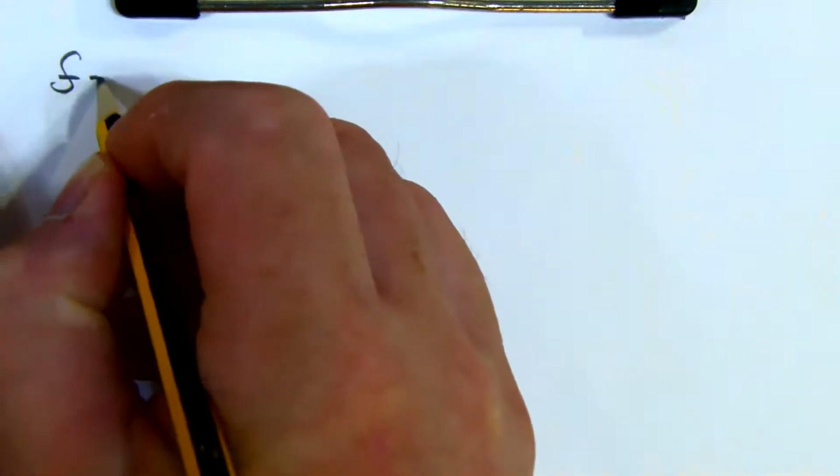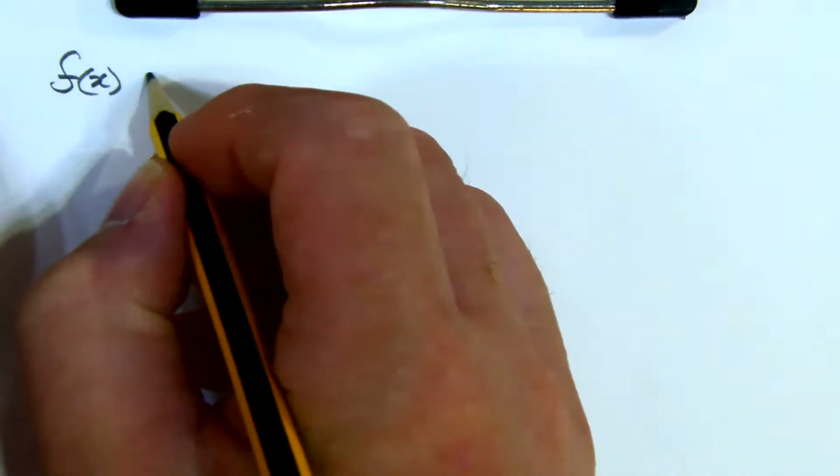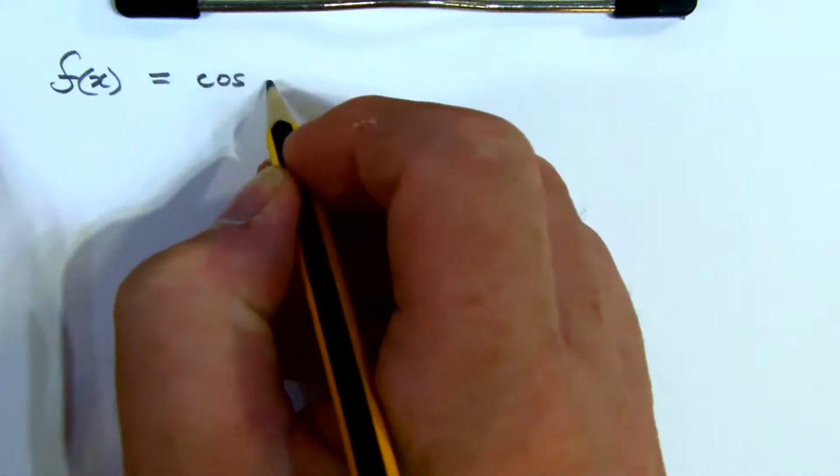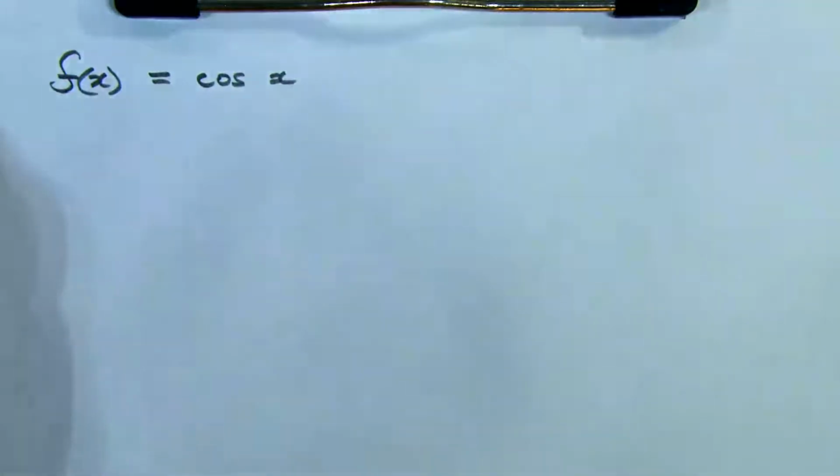So let's see if we can try and differentiate cos x. Let's start with our function. So my function f of x equals, this time, cos x.